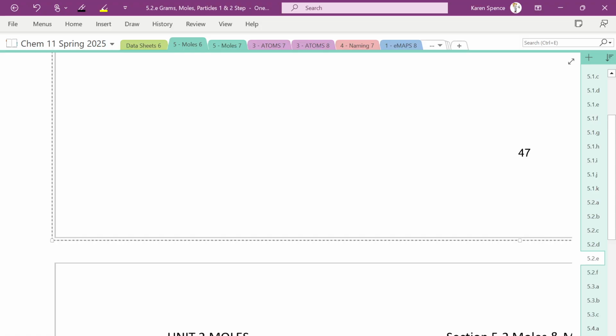Okay, so this one, there's one more step. What you're going to do is all this stuff first. So I have to go from browns to purples.